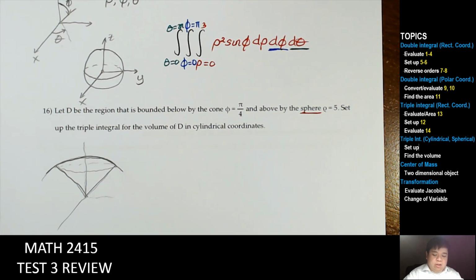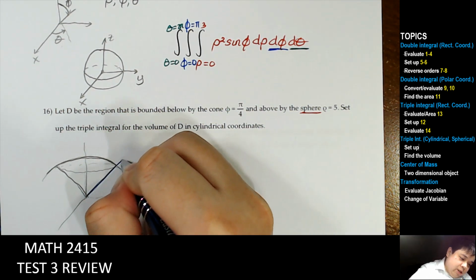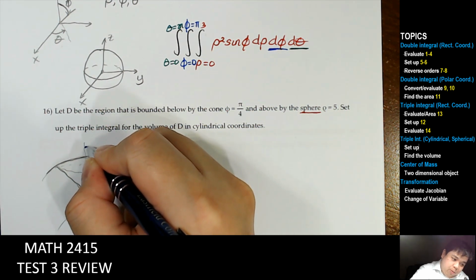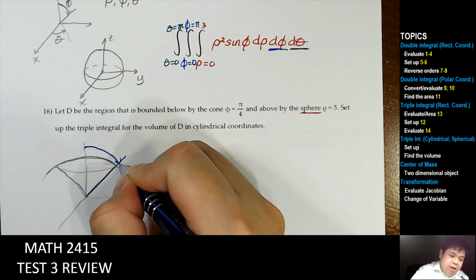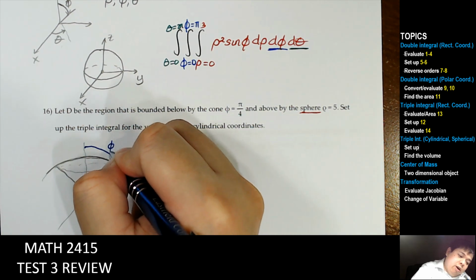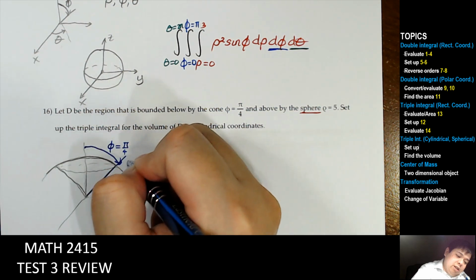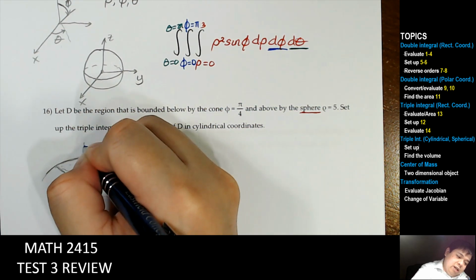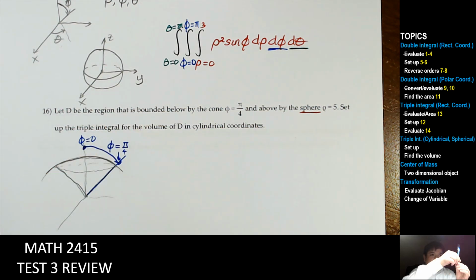So first we have a cone given by phi equal to pi over 4. Of course the angle phi is going from the north pole down, so phi equal to pi over 4 is here, and here is phi equal to 0. So the angle goes from 0 to pi over 4.